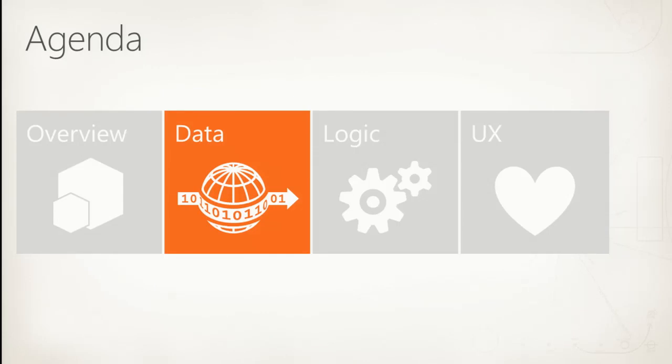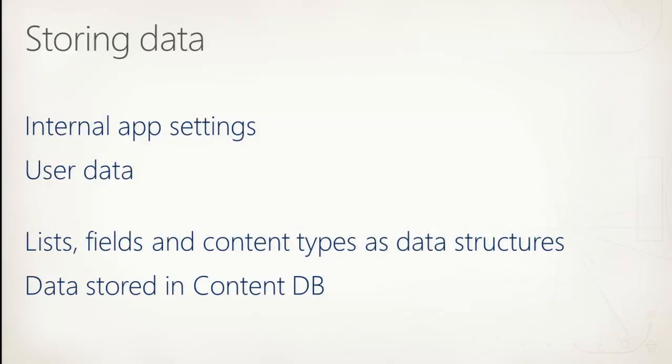SharePoint apps provide developers with new ways to work with both internal and external data. In terms of storing data, there are two scenarios: internal app settings or user data. And the model for storing and retrieving the data is the same for both. At the app scope level, you can create columns or fields, as you have been doing before with just list manipulation.